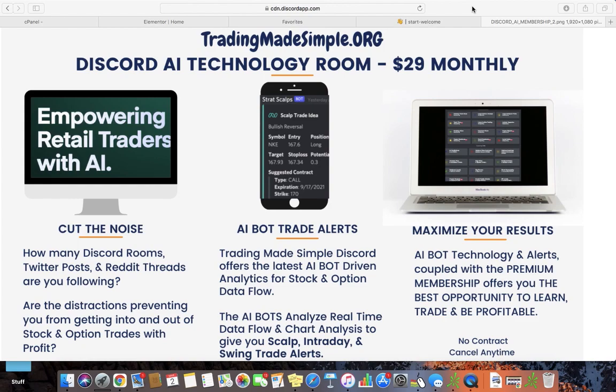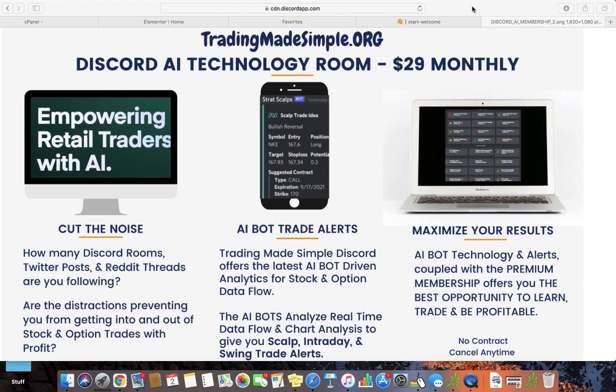All right, so first, one of the other things that I like about this specific service is that their AI and machine learning algorithms actually analyze charts. I found it interesting that not only is it identifying flow, but it also is identifying chart breakouts and breakdowns. It also knows different types of strategies, like I'm sure you're familiar with the Strat.